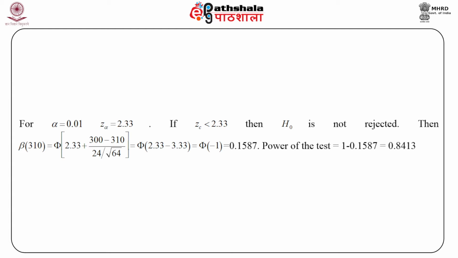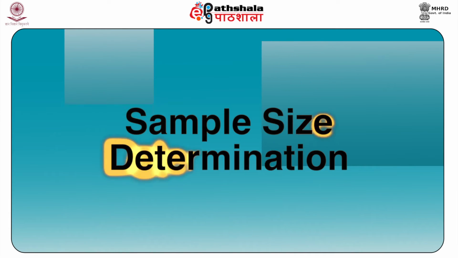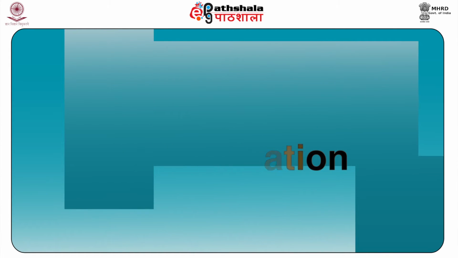Therefore, the power of the test is 1 minus 0.1587, which is equal to 0.8413.